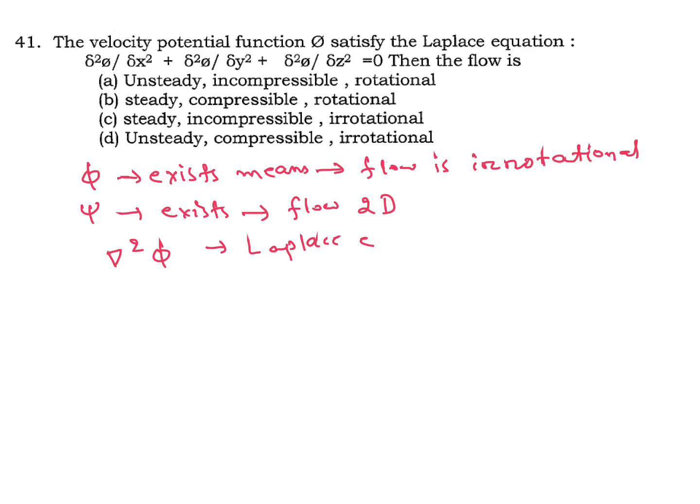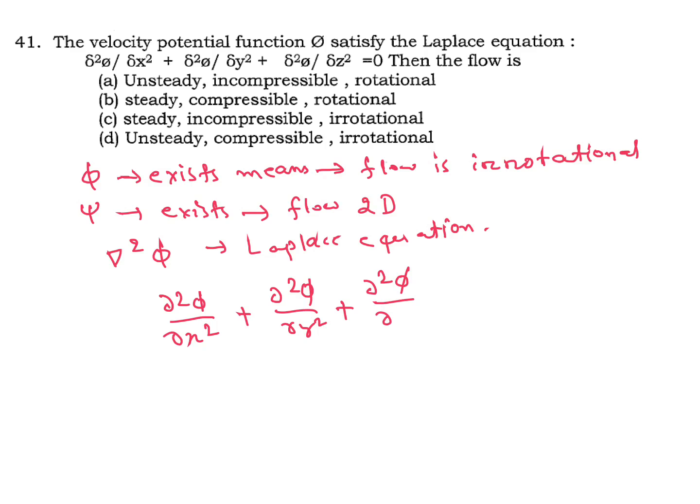So del square phi by del x square plus del square phi by del y square plus del square phi by del z square equal to 0. So phi exists and Laplace equation satisfies. So flow follows continuity equation, or flow is possible. So rotational not possible, incompressible and compressible, steady and unsteady.